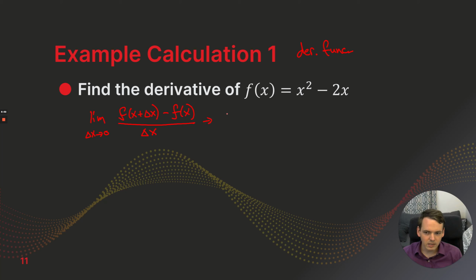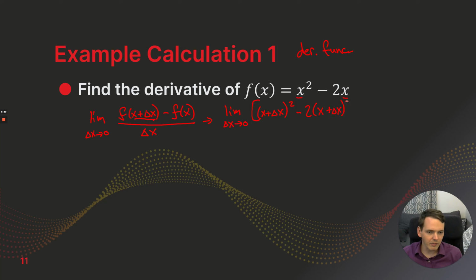And so this is going to be the same as the limit as delta x approaches 0 of f of x plus delta x. So in other words, what I can do is I take this x plus delta x and I plug it in everywhere I've got x up here. So that's going to be x plus delta x squared minus 2 times x plus delta x.